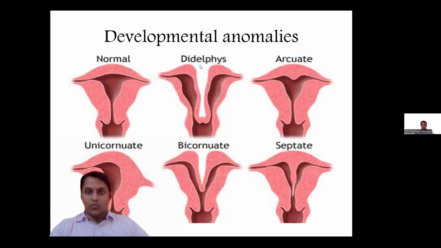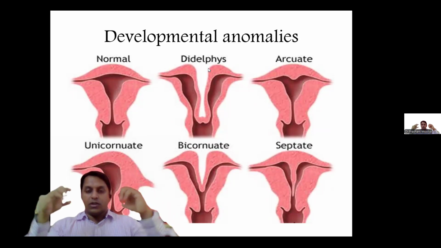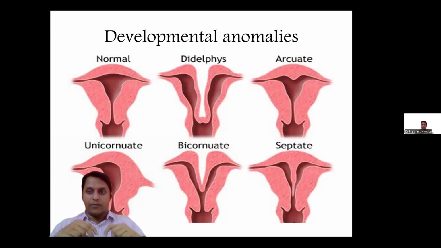So that will lead to uterus didelphys. It will result in two uterus, two cervix, and two vagina, didelphys. It could be in these two forms, where there will be one vagina, two cervix, and two uterus, which is seen in this, or there could be two vagina, two cervix, and two uterus. So both of these could happen when the two paramesonephric ducts independently stimulate the urogenital sinus to form separate sinovaginal bulbs, forming this didelphys.